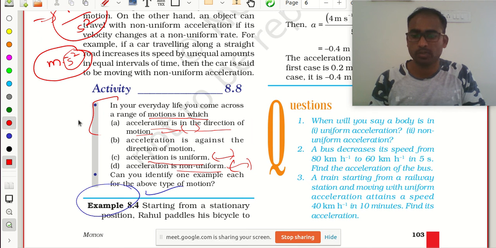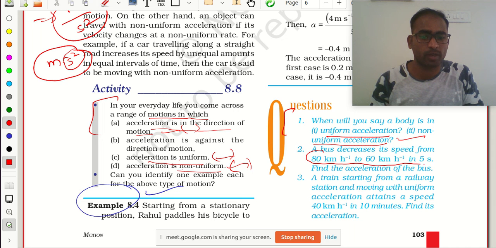You just observe some questions here. When will you say a body is in uniform acceleration and in non-uniform acceleration? We discussed that. A bus decreases its speed from 80 km per hour to 60 km per hour in 5 seconds. Find the acceleration. Here the acceleration will be positive or negative? By seeing this question only you need to say.